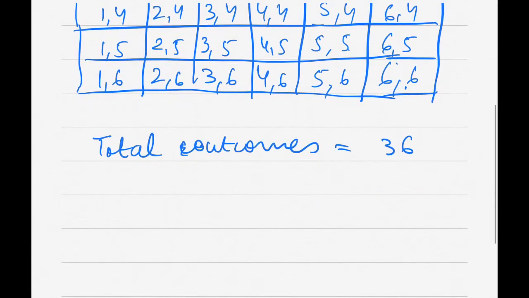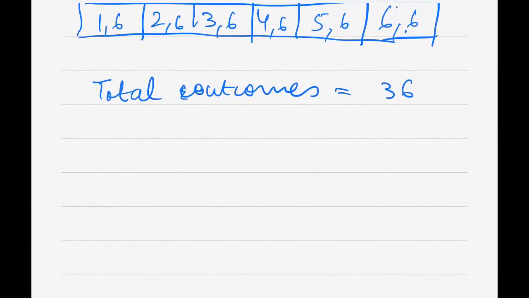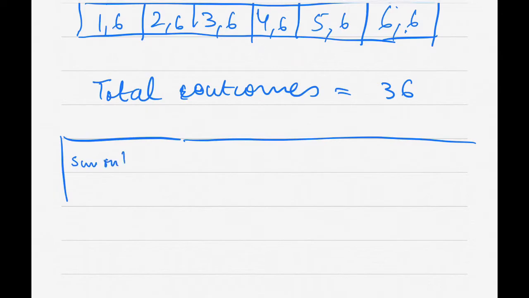So in this question they have given a table that we have to complete. The event is the sum on two dice, and the other column is the probability.